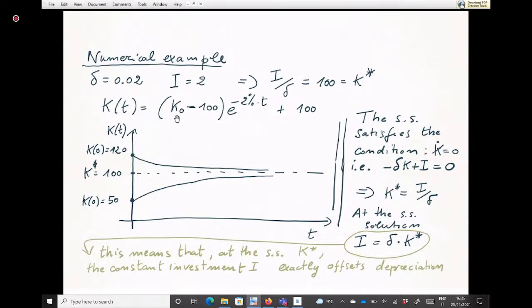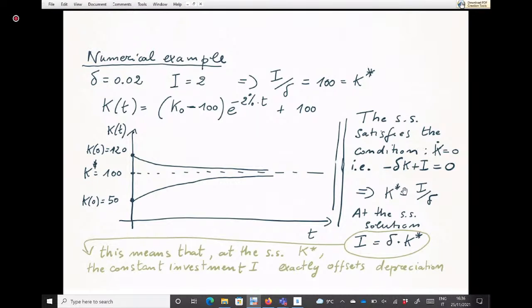Capital stock at time t is k0, the initial level of the capital stock, minus 100 times exponential of minus 2% t, plus 100, okay? So if we start below the steady state level of 100, the capital stock in the economy will increase until it reaches its steady state level. If we start above, it will decrease until it reaches its steady state level. Okay?